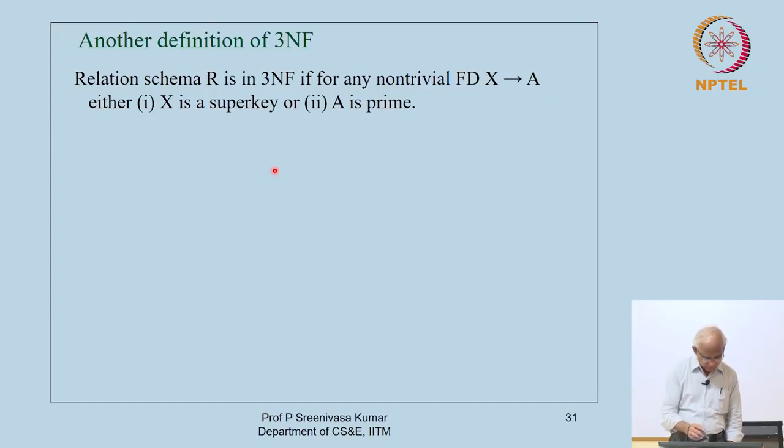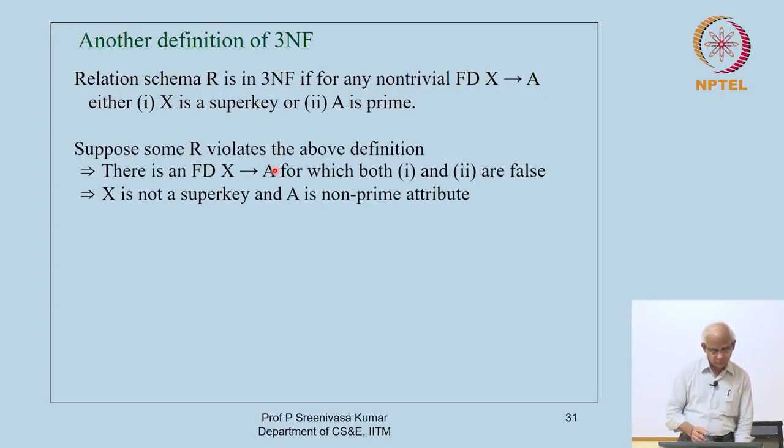Now, let us look at this a little bit carefully. Suppose some scheme R violates this definition. That means there is an FD x determines A for which both 1 and 2 are false. 1 is x is a super key, 2 is A is prime. If one of them is true, then the definition holds.